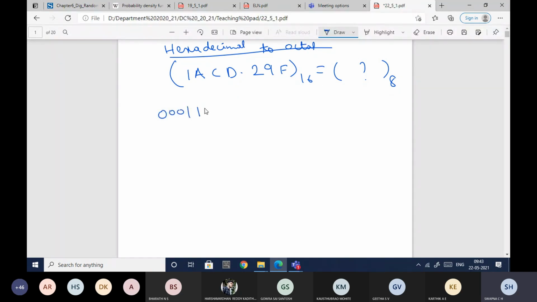1 0 1 0 1 1 0 0 1 1 0 1 point 0010 1 0 0 1. If I'm writing anything wrong, please let me know. Okay, base 2. Now I need to group 3 bits. 1 2 3, 1 2 3, 1 2 3, 1 2 3, 1 2 3, 0.